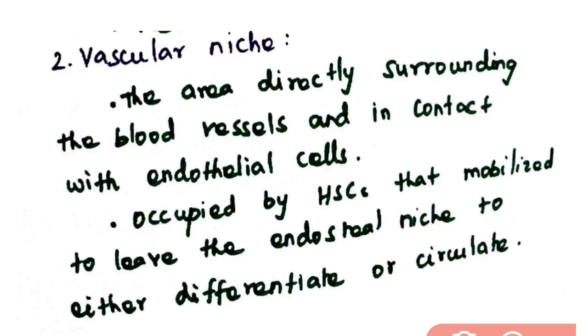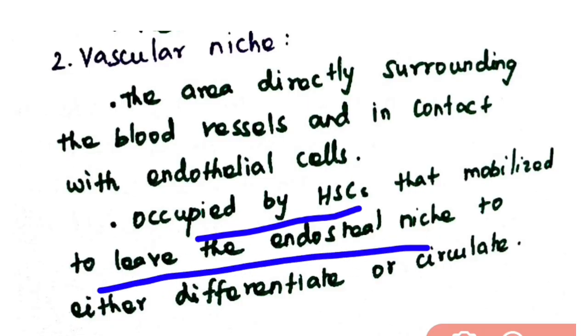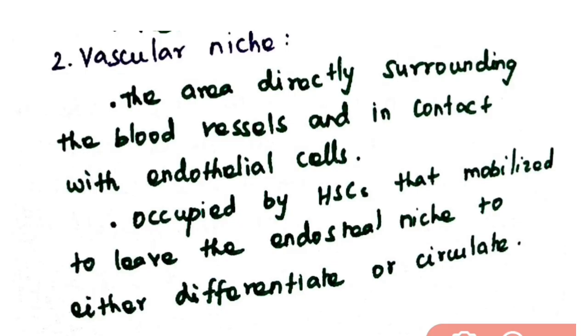It is occupied by matured immune cells that mobilize to leave the endosteal niche to either differentiate or circulate. The mature cells, which are going to circulate or differentiate, will occupy this vascular niche.